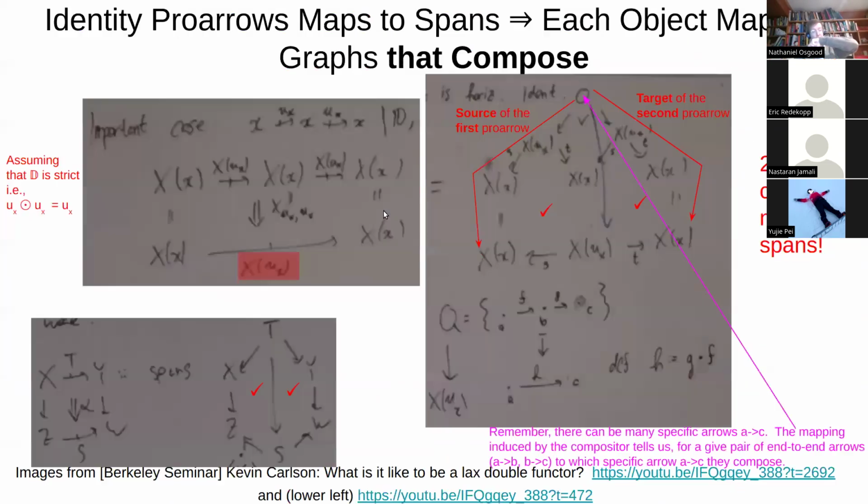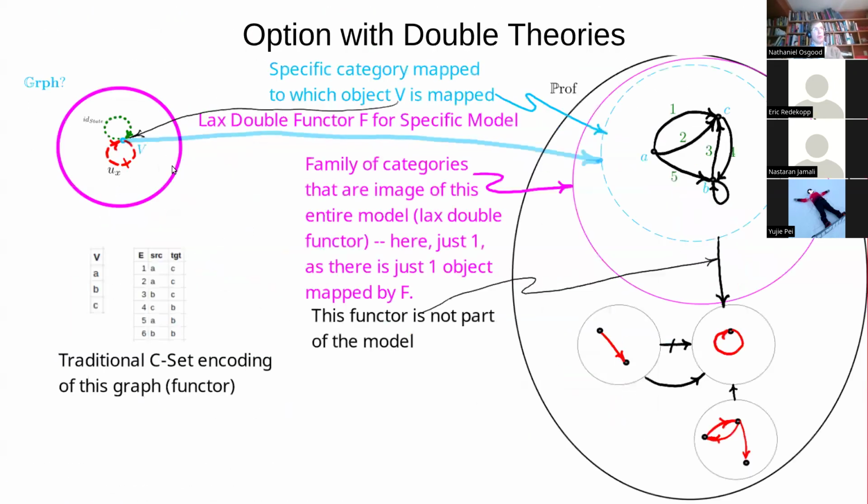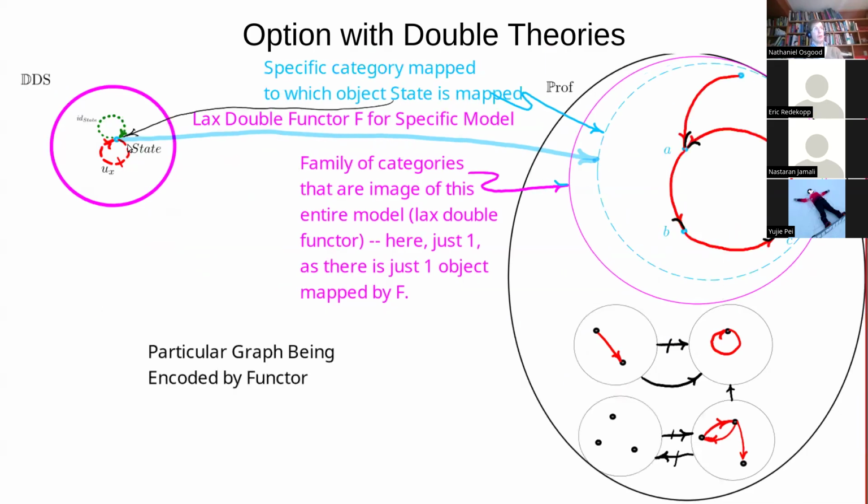But these spans aren't just any span, they're composable spans. And those rules for composition are encoded by the compositor for this Lax-Double functor. Each pro-arrow here has a set associated with it, the set of arrows associated with it.